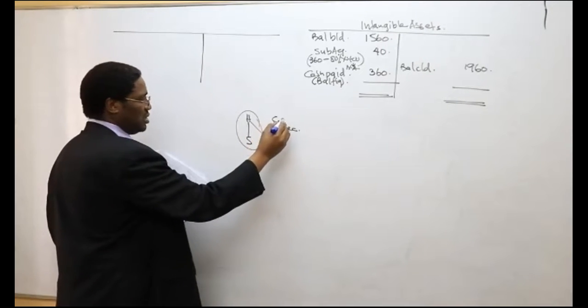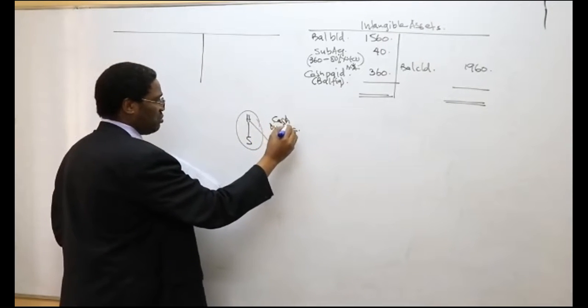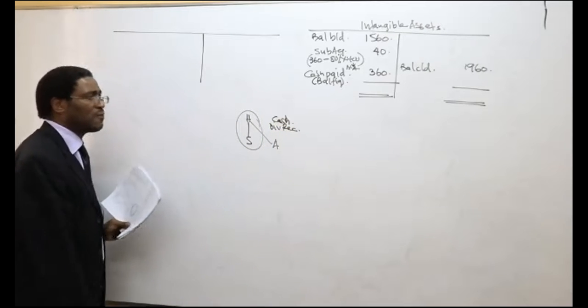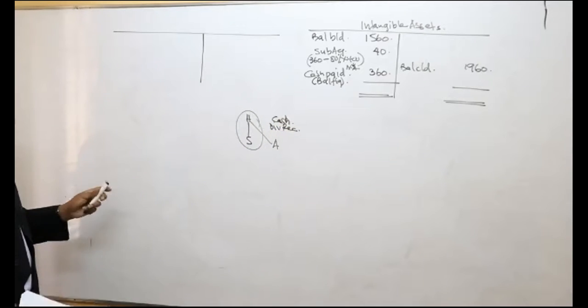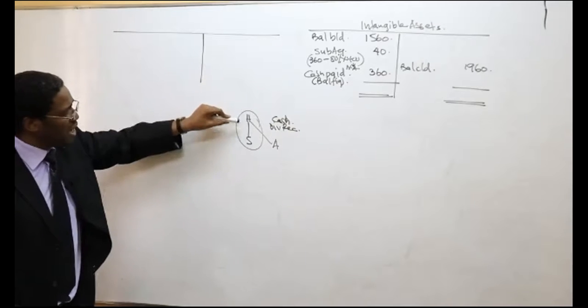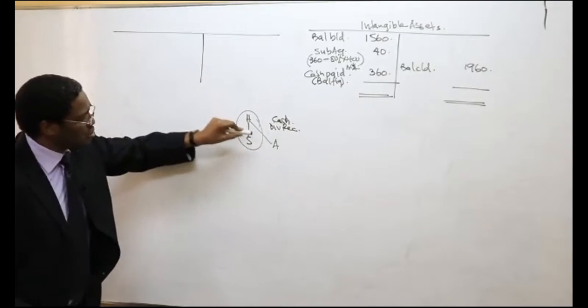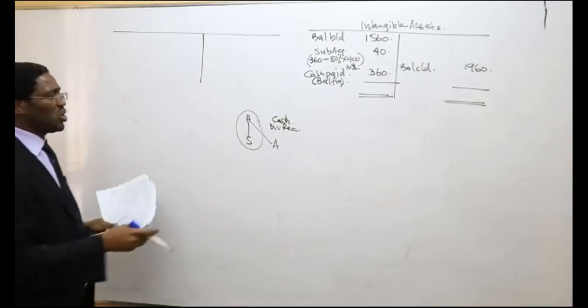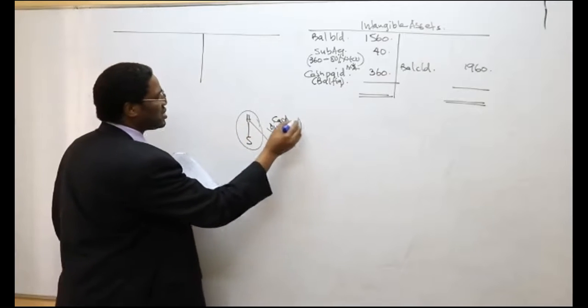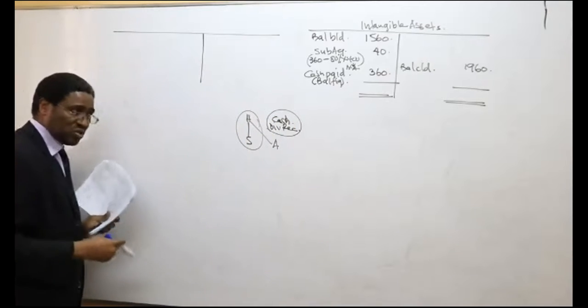We said in the previous class, just to remind you very fast before we calculate it, when it comes to cash flows, the relationship between the group and its associate, you calculate what we call the cash dividend received from the associate. That one we said last time.